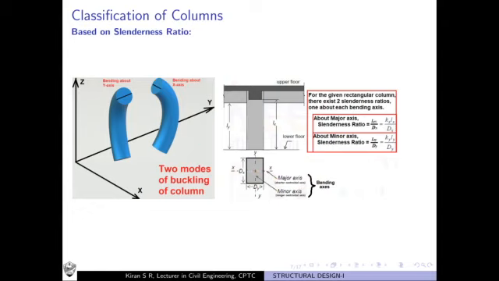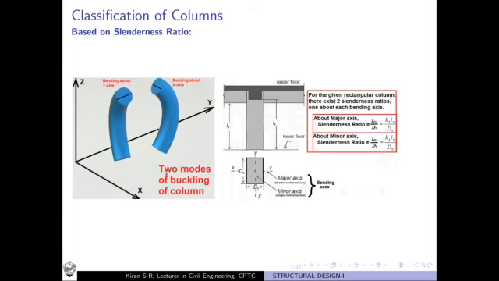But you know, for the circular column, the diameter is the same in all directions, whether it is for this column or this column. So it is immaterial if we take this as x and this as y. You can take this as y or this as x.